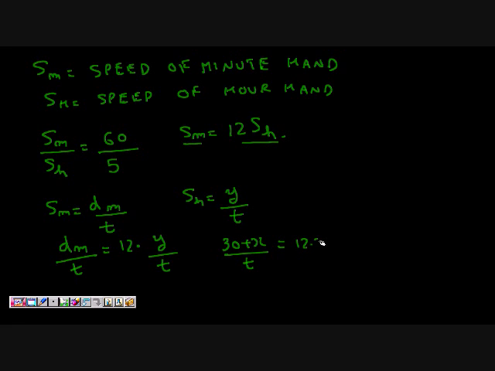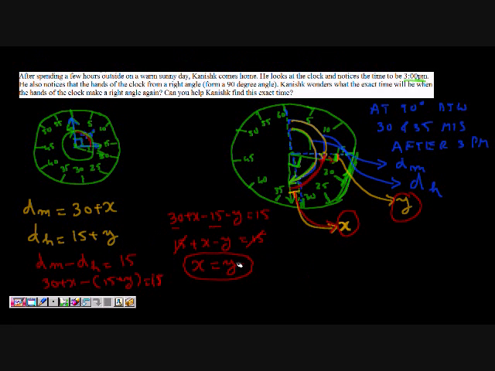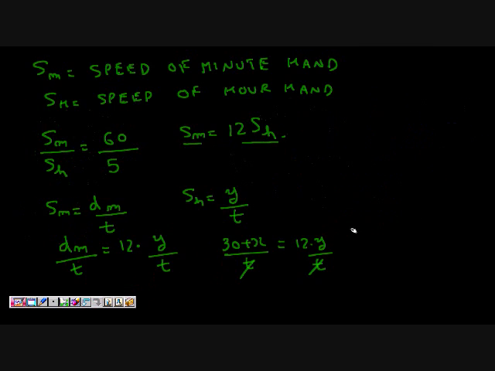The t cancels off, and we also know that y is equal to x. We just calculated that x is equal to y, so we can write 30 plus x is equal to 12 into x, or 30 is equal to 11x, or x is equal to 30 divided by 11.